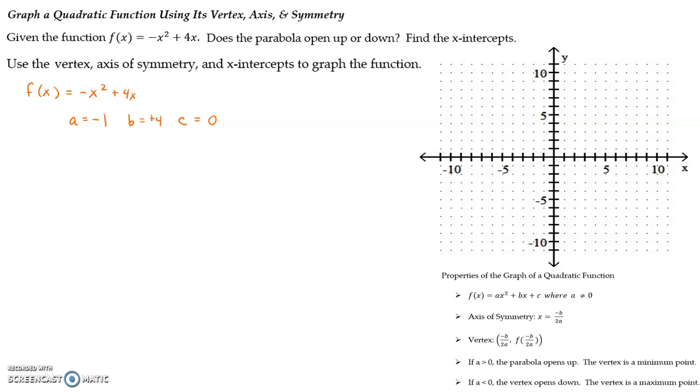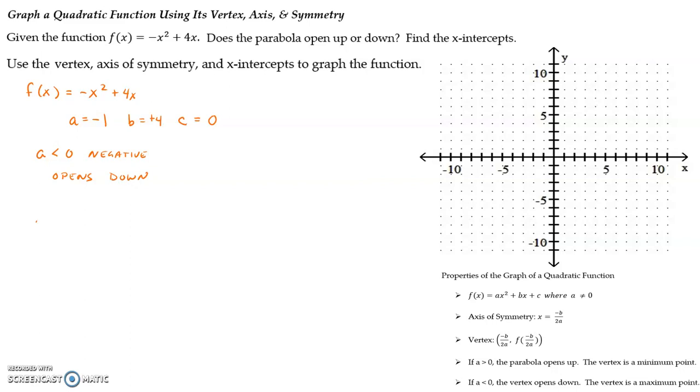Our first question is whether the parabola opens upward or downward. So keep in mind our a value here is something that is less than 0, or a value that is negative. So our parabola is going to open downward. And remember what that means.